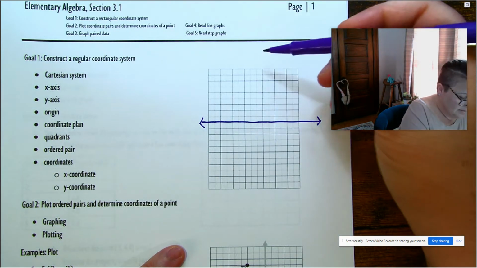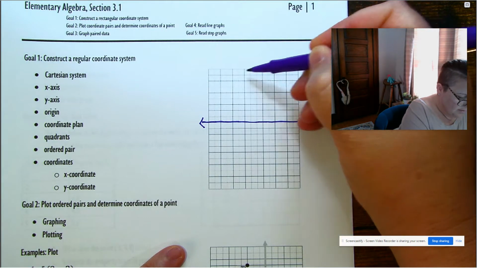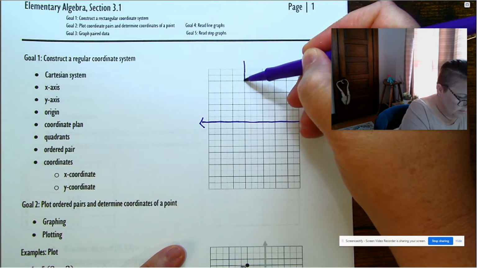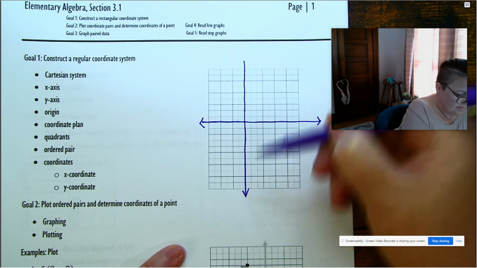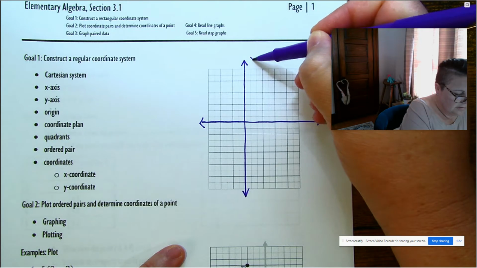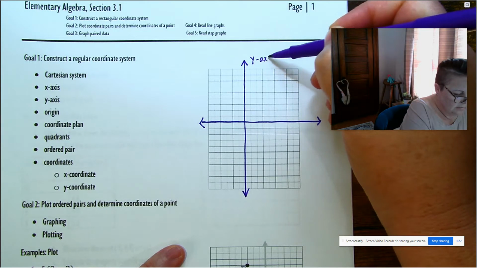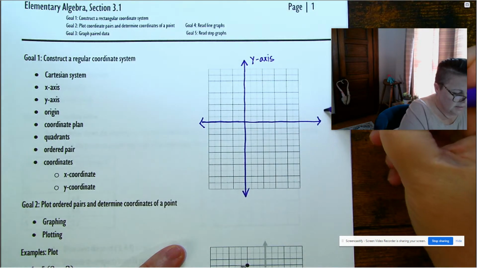The y-axis is the vertical axis. So somewhere around here, I'm going to make a vertical line as best I can. This is known as your y-axis. Again, the horizontal is known as your x-axis.